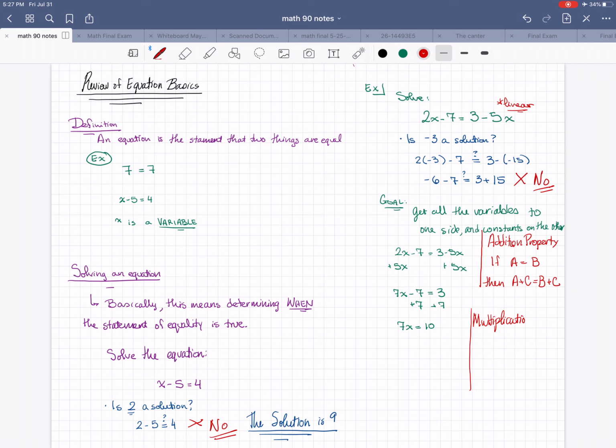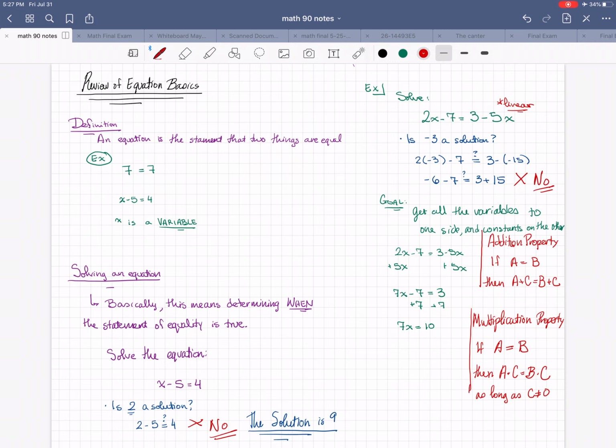The multiplication property of equality says, if two things are equal to each other, and we multiply both sides by the same number, then the resulting two quantities are also equal to each other, as long as C is not equal to 0.